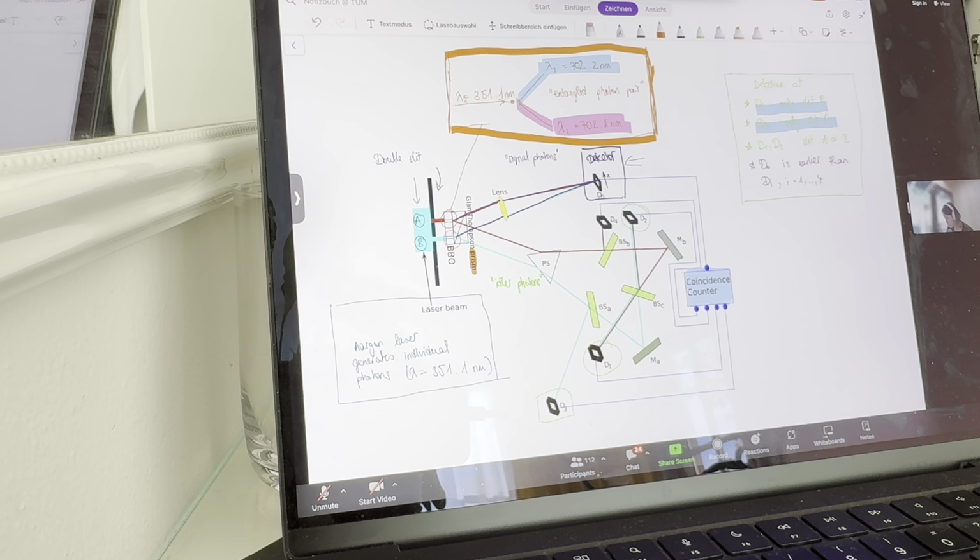The detectors D1, D2, D3, and D4 are not the photons that interfere. These are the detectors that will tell you whether the Adler photon went through slit A, slit B, or whether we cannot gain any information.